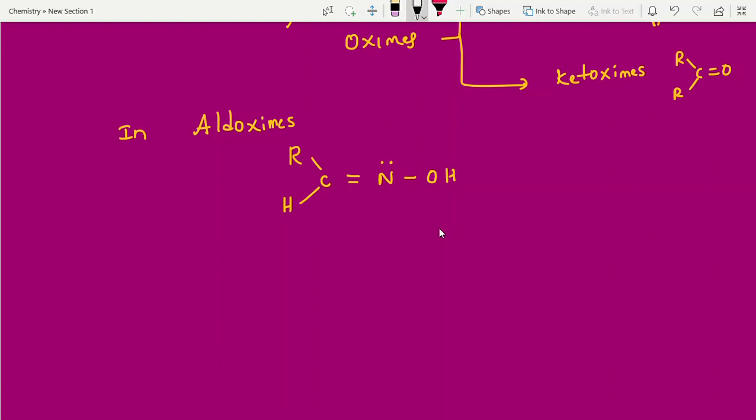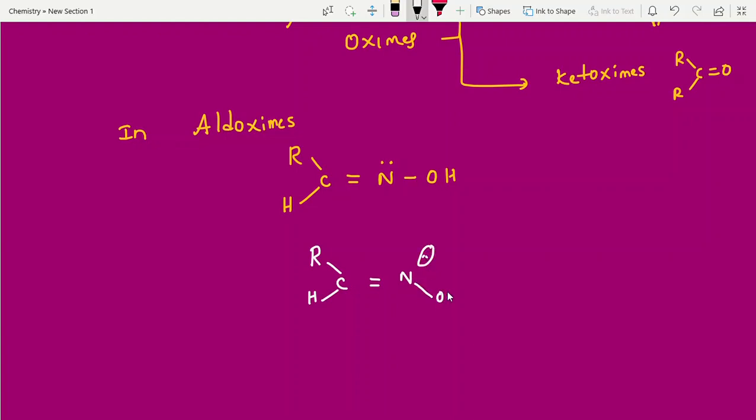Okay? Now, we'll see this point. R, H, write down syn, R, C double bond N. You can take it as your N here. And students, the lone pair you can write like this.